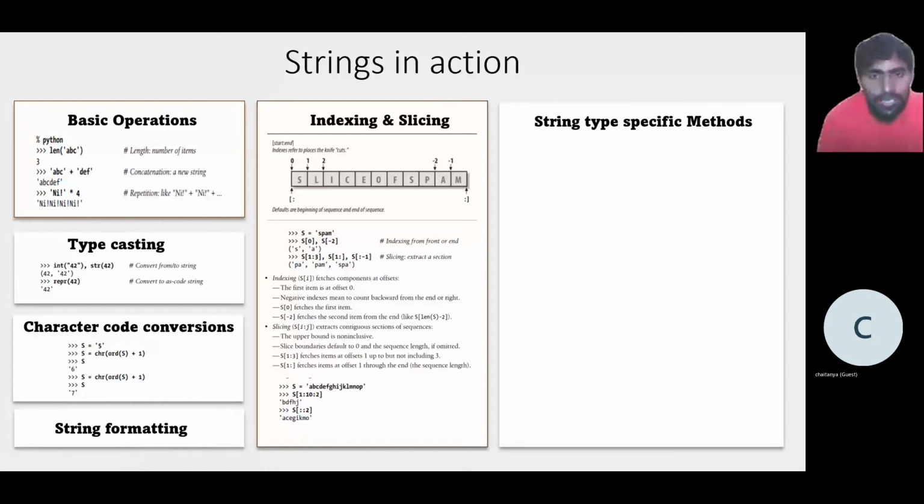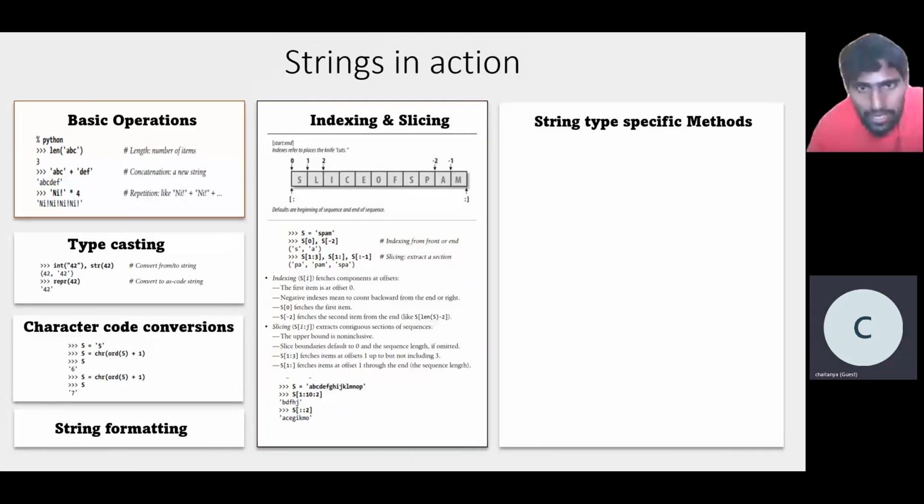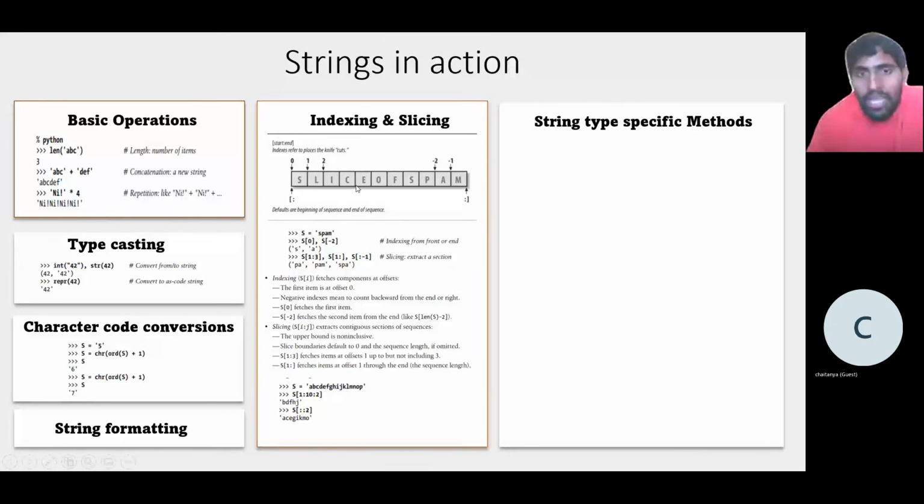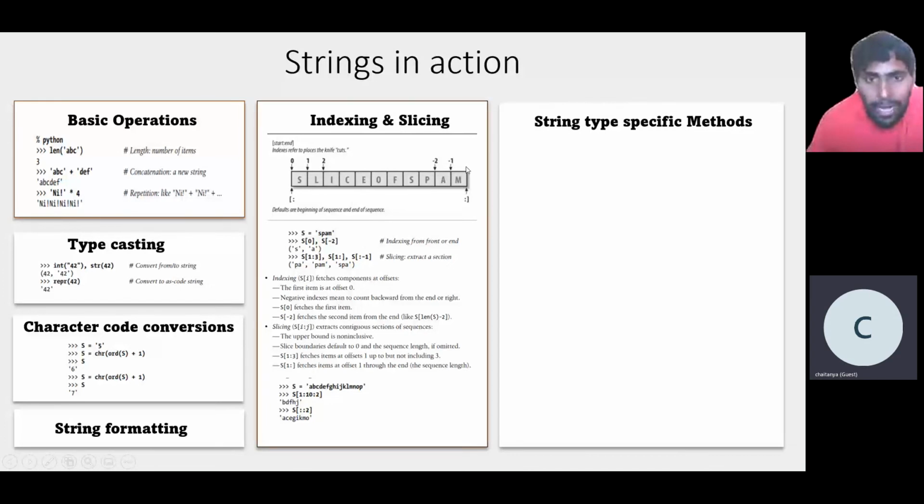Similarly, if it is reverse indexing, it comes from right to left, and in that case the first one takes -1. You can see here: 0, 1, 2, 3 is forward indexing, and -1, -2, -3 is reverse indexing.